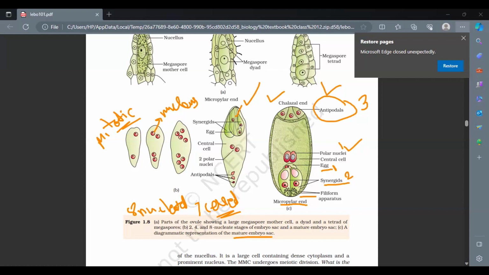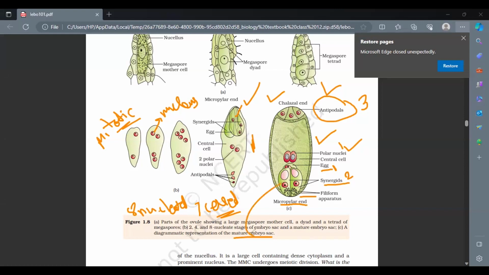So if the question comes in the examination to draw a mature embryo sac, and you make this diagram, that's wrong. For a mature embryo sac, you need to make the last diagram where all the cells are nicely placed, everything is located finally, and you have that 8-nucleated and 7-celled structure.